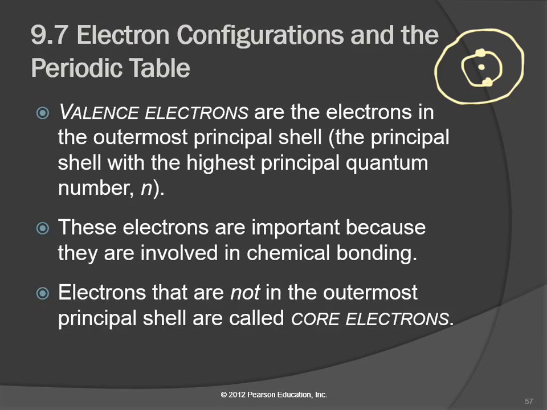On the second floor, what's the most electrons that we can put on the second floor? 8. The S room can hold 2, and the P room can hold 6. And so if they were all full, we'd have 1, 2, 3, 4, 5, 6, 7, 8. Which electrons are further from the nucleus? The 8. So these are more on the outside.